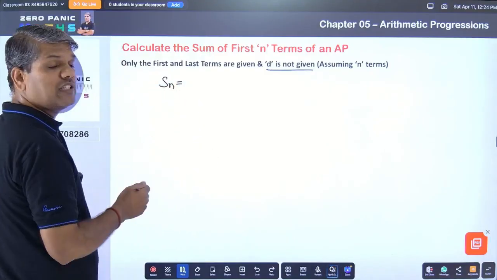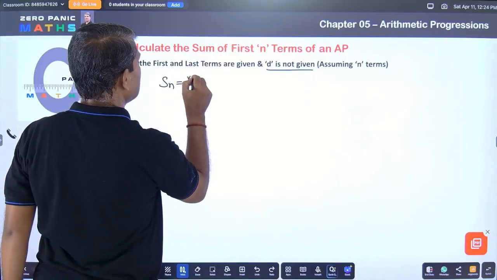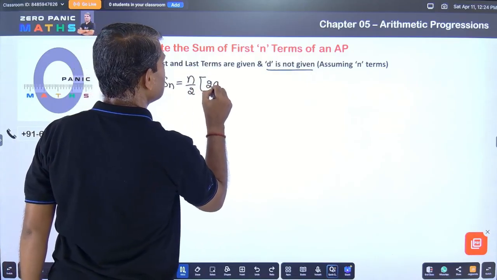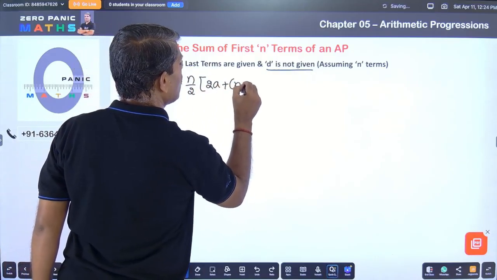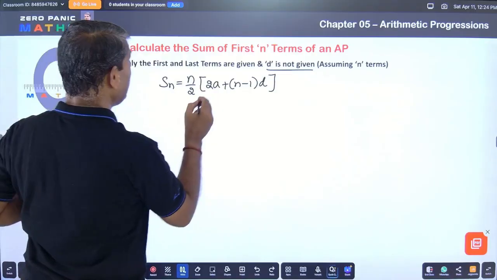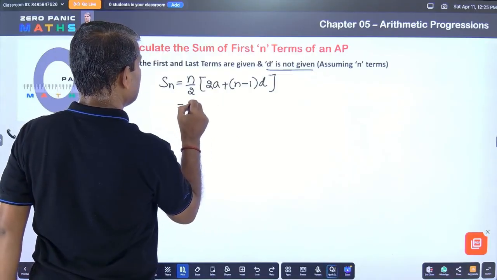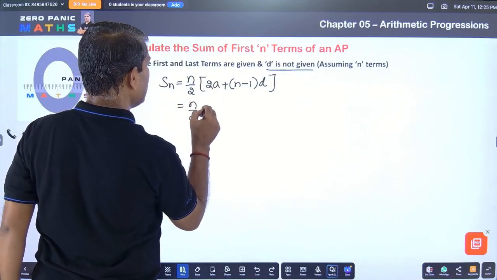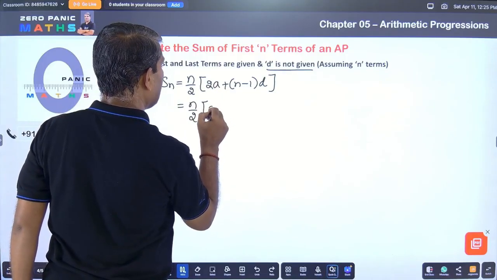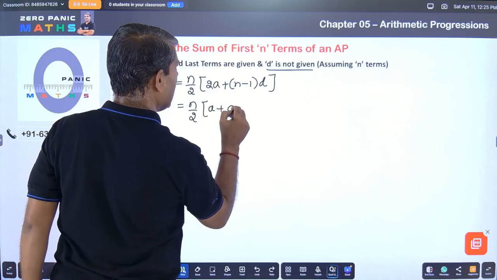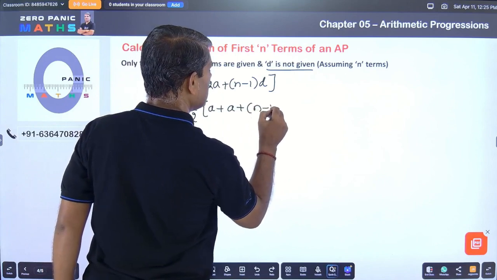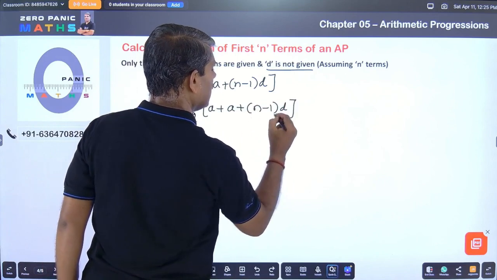What we just derived is Sn is equal to n by 2 into 2a plus n minus 1 into d. Now let me rewrite this: inside n by 2, 2a as a plus a, and this is plus n minus 1 into d.